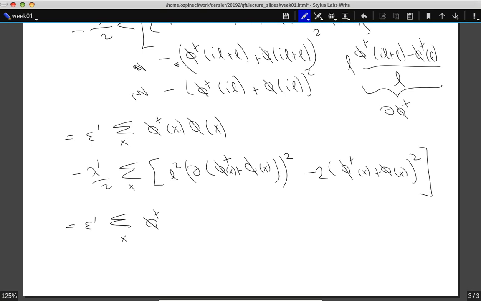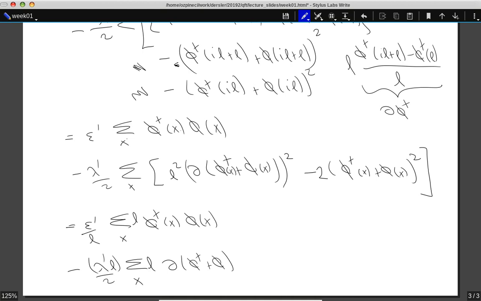Which is, well, let me rewrite it. Minus lambda prime over 2 times lambda prime times L over 2 of derivative of phi dagger plus phi times L, another factor L over here.